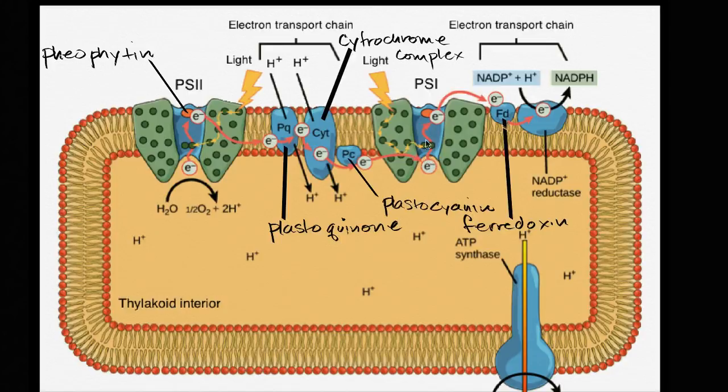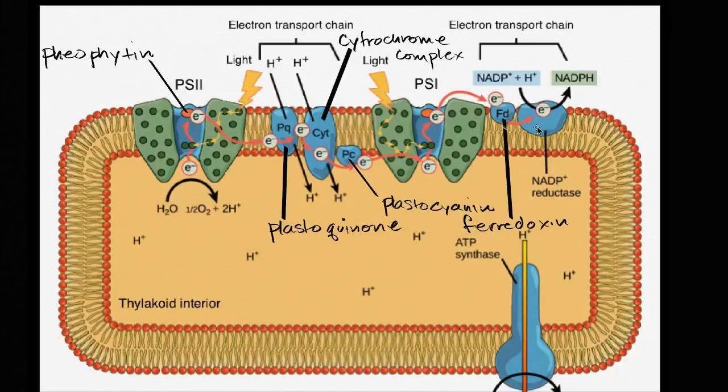That can get excited again. Once again, it doesn't have to be the light directly exciting it. It can be exciting other molecules within photosystem 1, but that energy eventually gets transferred to that chlorophyll, excites its electrons, and then it goes from one molecule to another, eventually goes to ferredoxin, which is being used in conjunction.